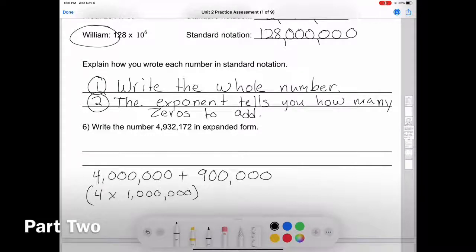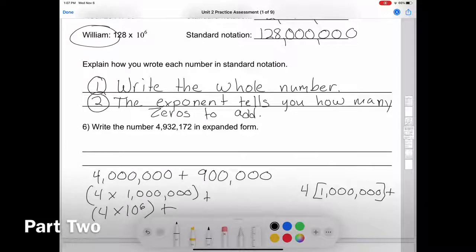All right, and then we have exponential notation. You could do it like this. That way, right? And add it up that way. You could also do it this way too. I don't think I even reminded you about this way.